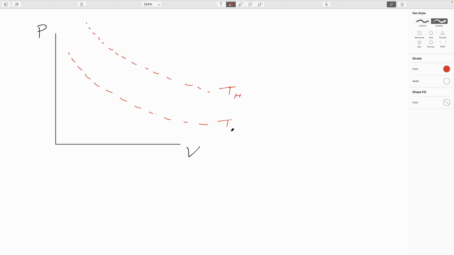This is the isotherm that corresponds to the temperature of the cold reservoir. So our first step will be an isothermal expansion. So this is our point A, that was our point B. And then to get down to the colder temperature, this is going to be an adiabat.